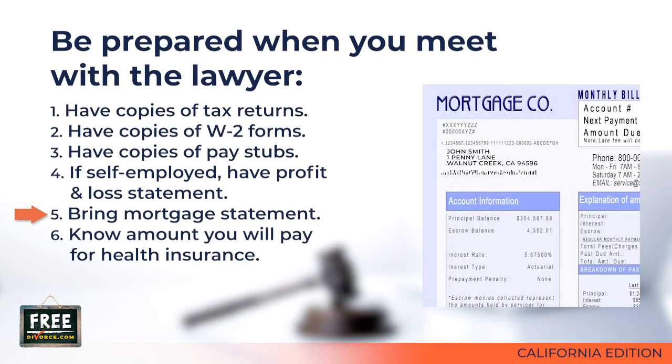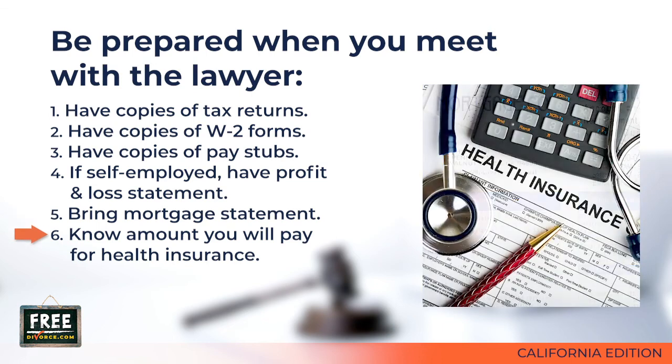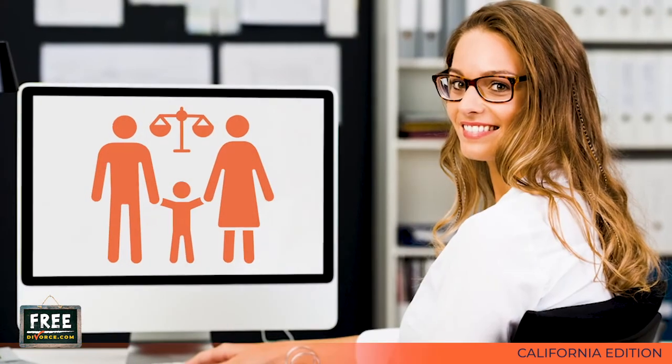If you own a home, bring a current mortgage statement. Also, know how much both you and your spouse will each be paying for health insurance after the divorce is concluded. After the attorney runs the support calculation, have the attorney give you a printout of the calculation, including any bonus charts. You may want to attach the printout to your divorce judgment.